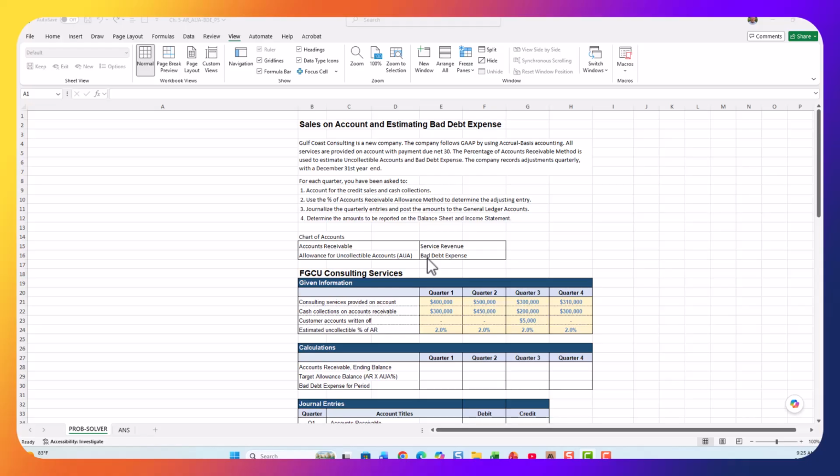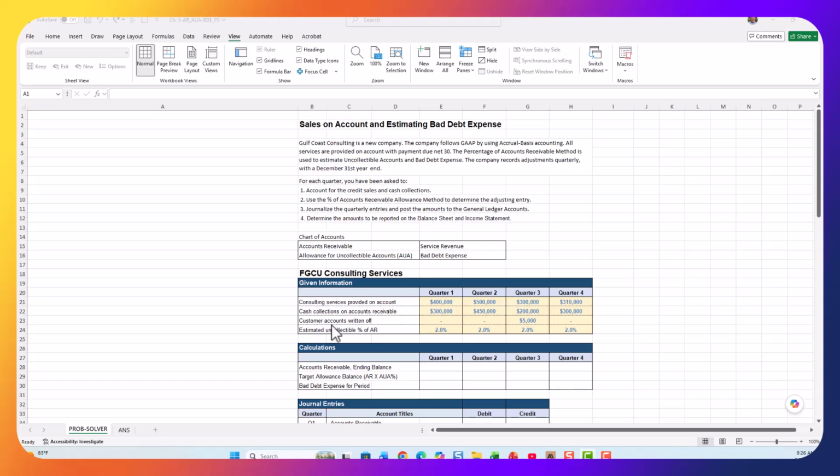For each quarter, you will be given information relating to consulting services provided on account, cash collections on accounts receivable, customer accounts written off, and the estimated uncollectible percentage to be used to determine the target balance in the AUA account. Customer accounts written off refers to the process of removing a specific customer's accounts receivable balance from the company's books because the company has determined it will not be collected.